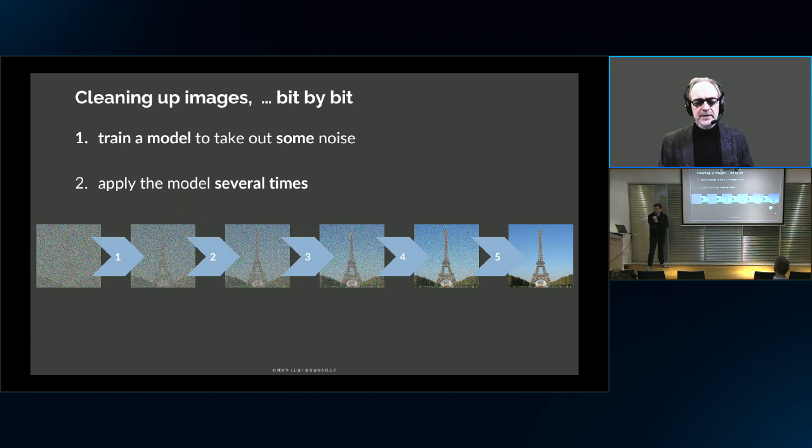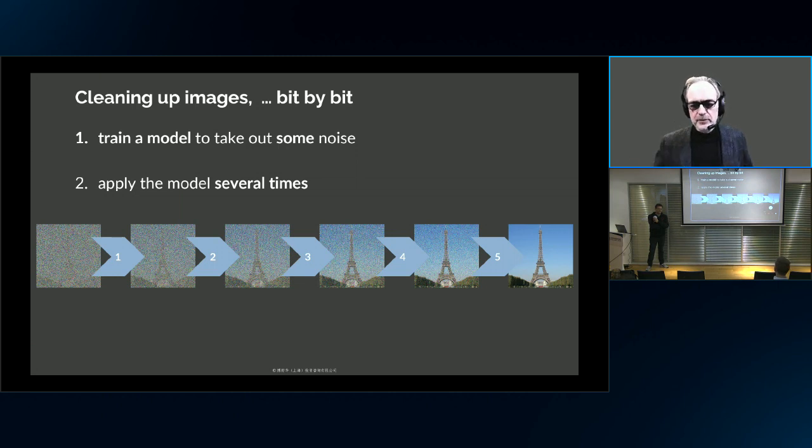And once they're trained, they take one image with some noise and generate a new image with a little less noise. That model is applied several times successively, all the way to bring an image that, to our eyes, is a clean image. So this is the first element, the first aspect of those text-to-image systems.